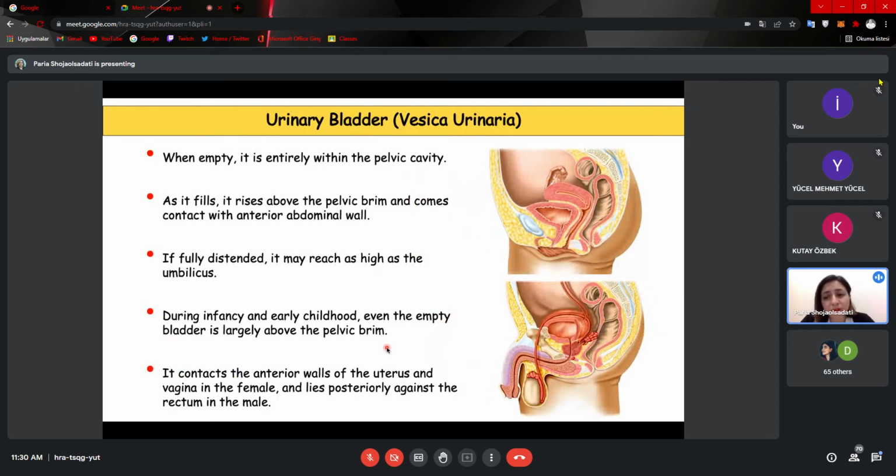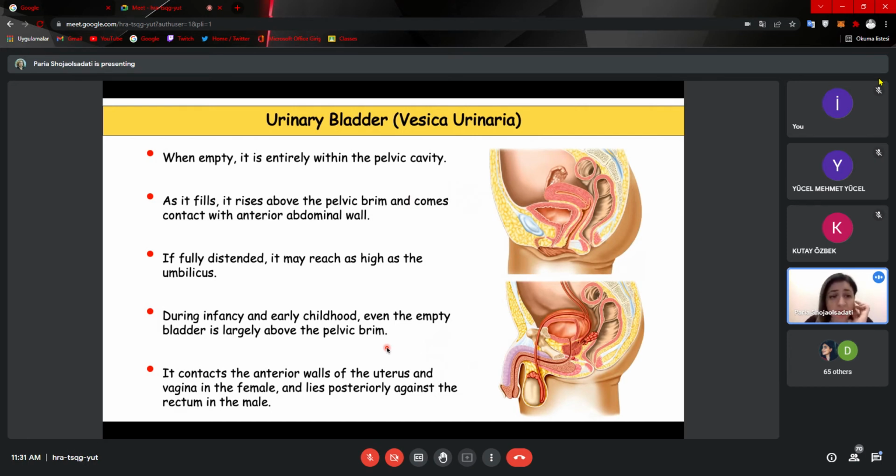The urinary bladder is sometimes named the vesica urinaria, which is the Latin name of this organ. When it's empty, it's entirely within the pelvic cavity. As it fills, it starts to rise above the pelvic brim and comes into contact with the anterior wall of the abdomen.